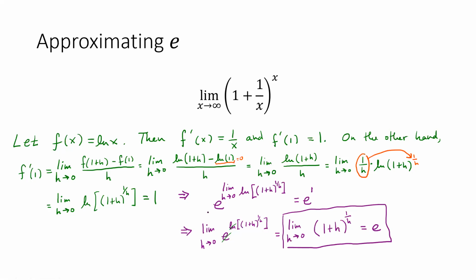Another way of seeing it is with a little substitution. Coming back to this limit here, if I let x equal 1 over t, then t goes to 0 as x goes to infinity.